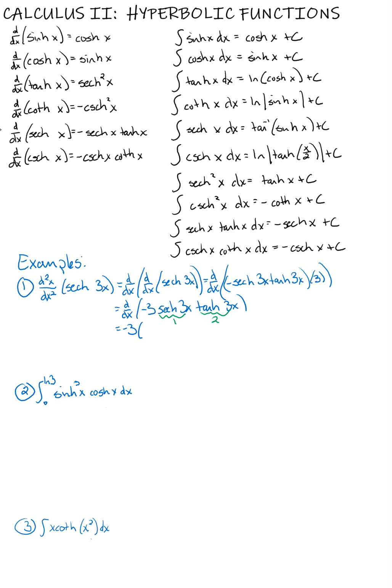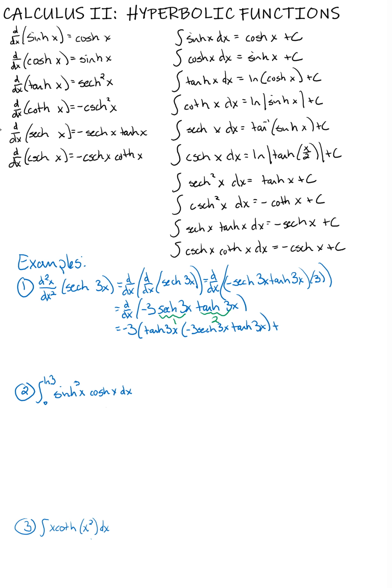And we'll take the second times the derivative of the first. Now the derivative of that first hyperbolic secant of 3x, we did that above, so I know that's going to be negative 3 hyperbolic secant of 3x hyperbolic tangent of 3x plus.